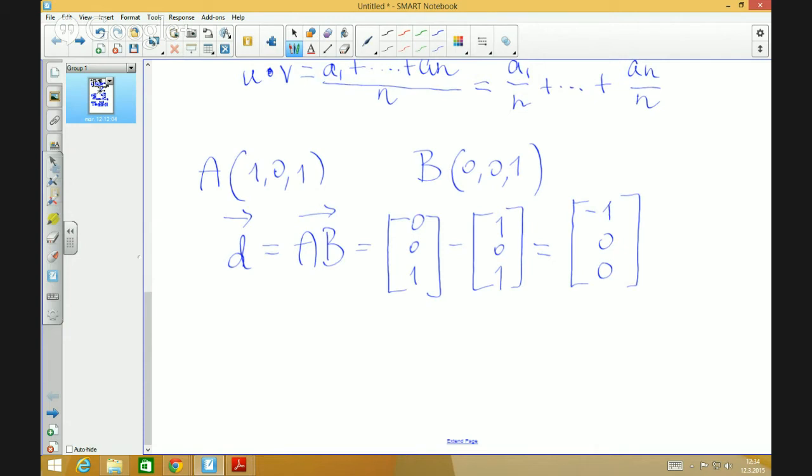Why is that? Because we can use the formula for the equation of the line that goes through point A and has direction D. What is this formula? This formula tells you that any point (x, y, z) on this line can be obtained by starting from A, which is (1, 0, 1), and then multiplying the direction vector by some real number.